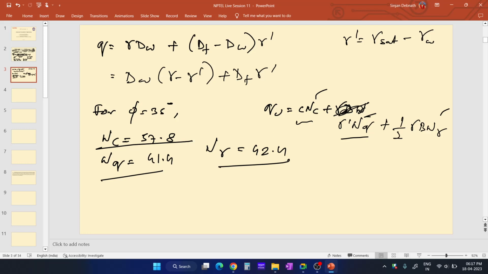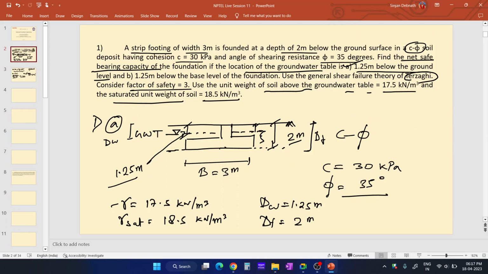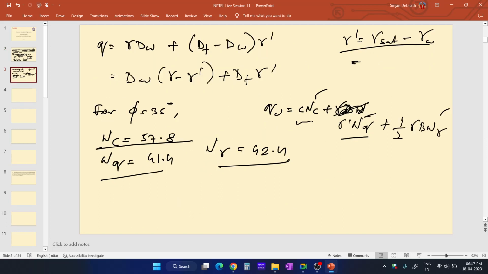Now, how much is gamma sat? It is already given in the question: 18.5, minus gamma w, which is 9.81 kilonewton per meter cube, so it comes to 8.69 kilonewton per meter cube.